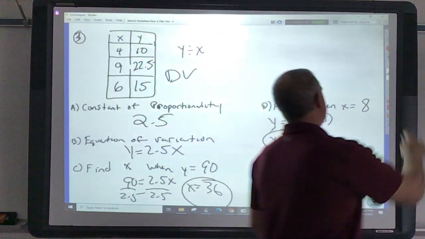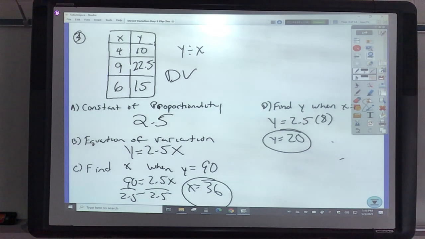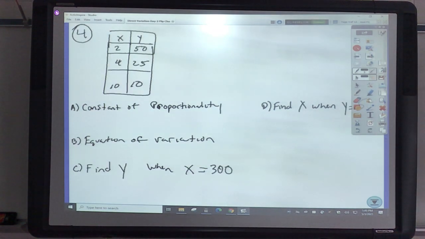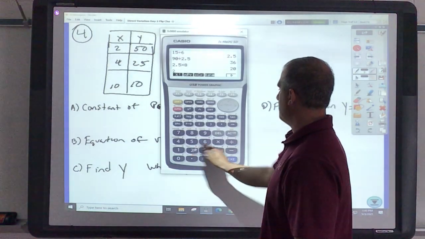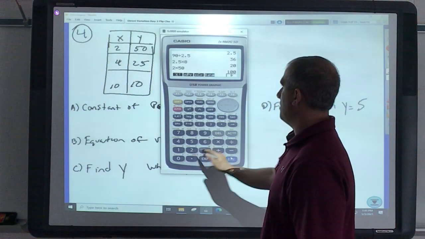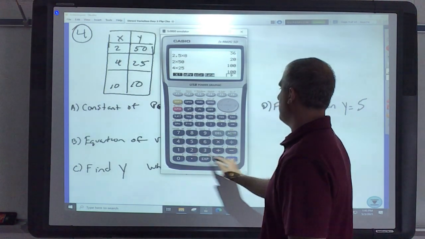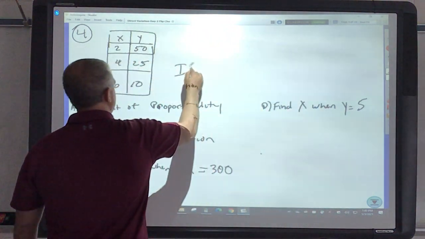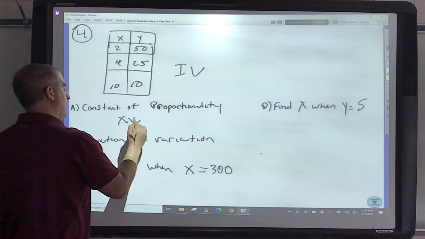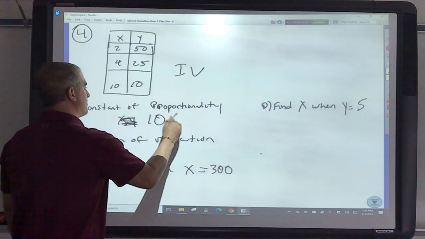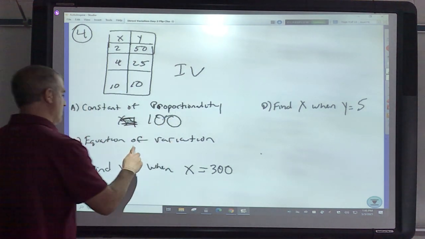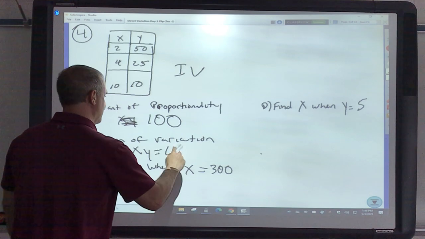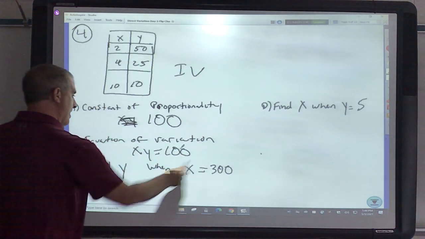Okay, let's do another one. Let's take a look at this one. 2 times 50 is 100, 4 times 25 is 100, 10 times 10 is 100. So this is inverse variation, and the constant of proportionality is 100. xy equals 100. It says find y when x is 300.